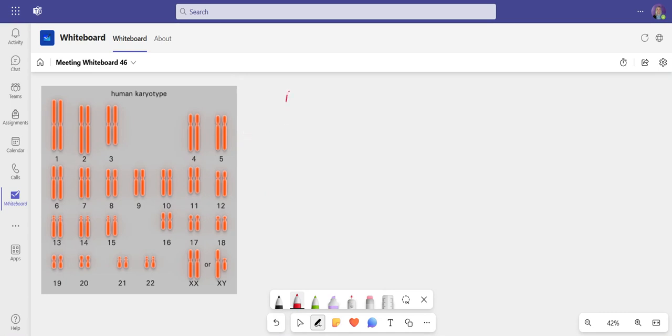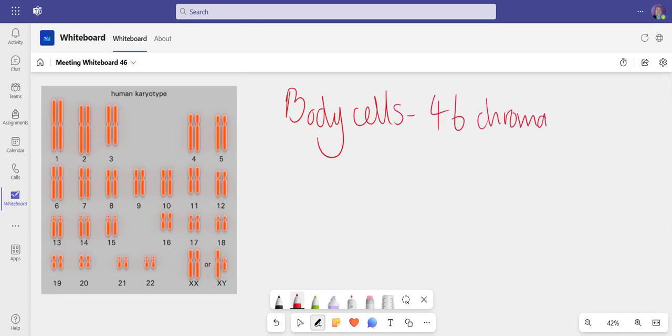So normal body cells have got 46 chromosomes. Or you could say 23 homologous pairs.